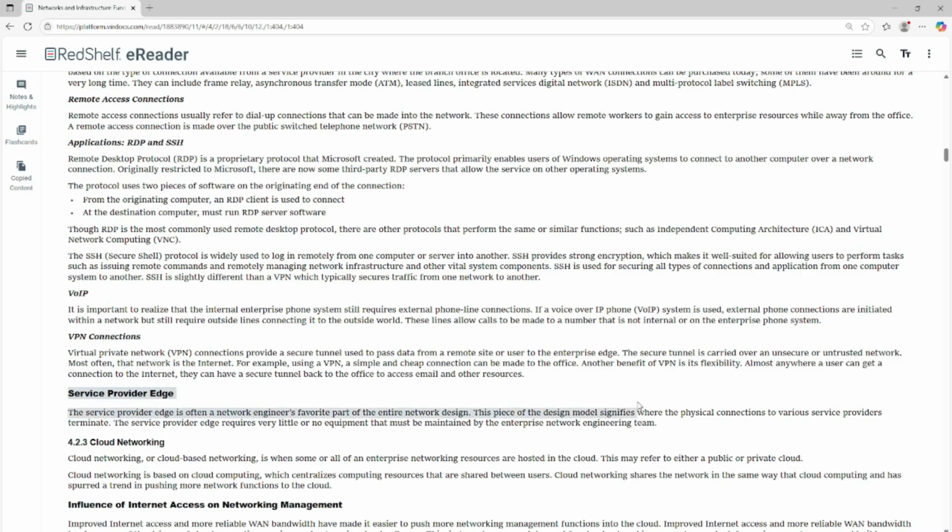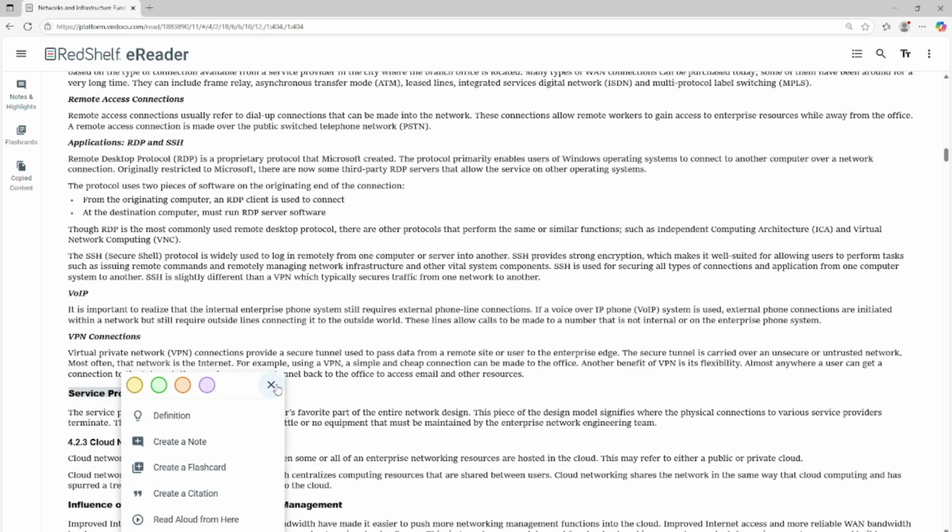Service provider edge, from its name, you can understand its function.